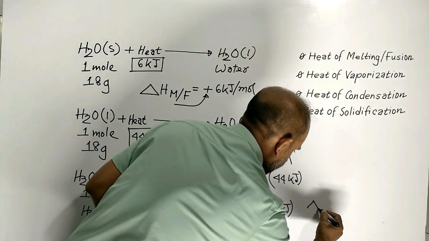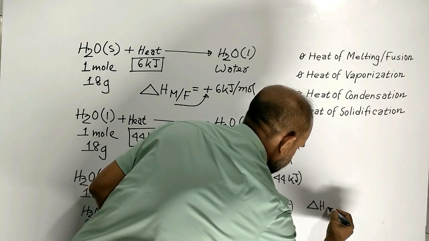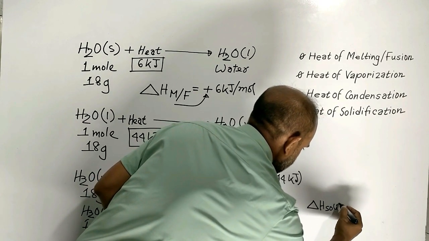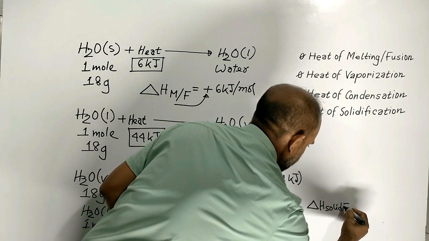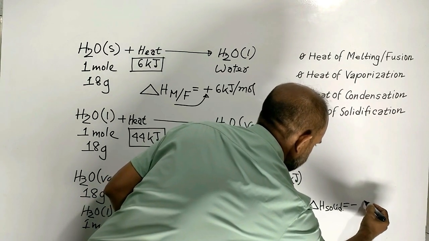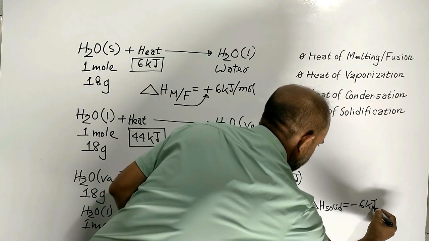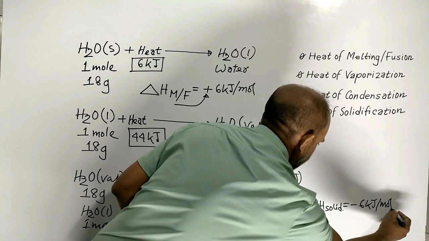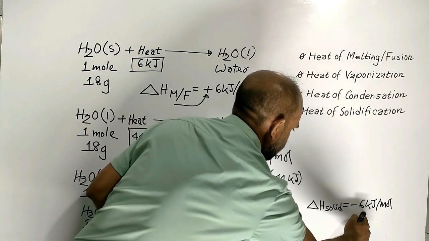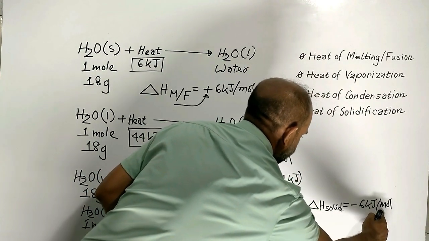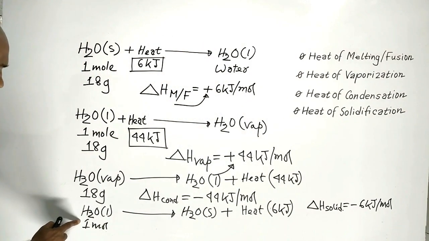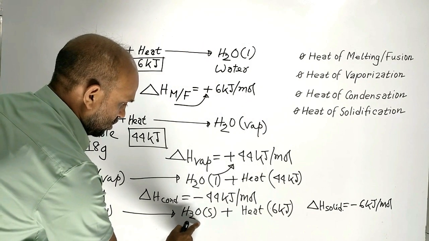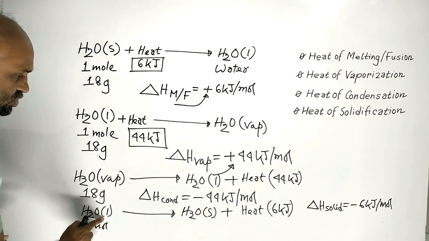This is denoted by delta H solidification, which is minus 6 kilojoule per mole. Here, unit is kilojoule per mole because 1 mole substance is converted to 1 mole solid from liquid.